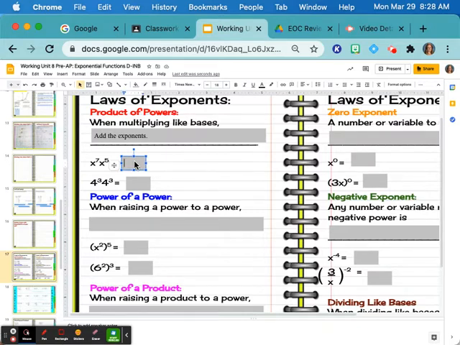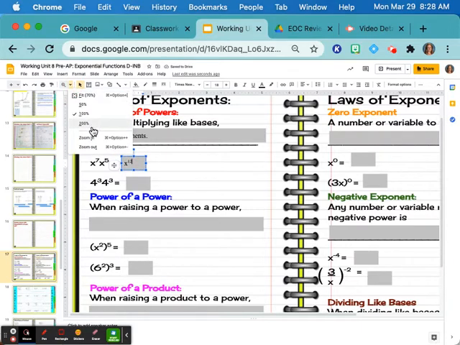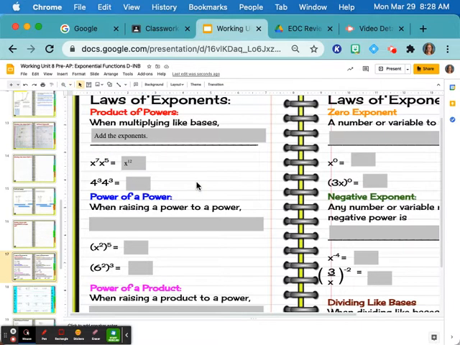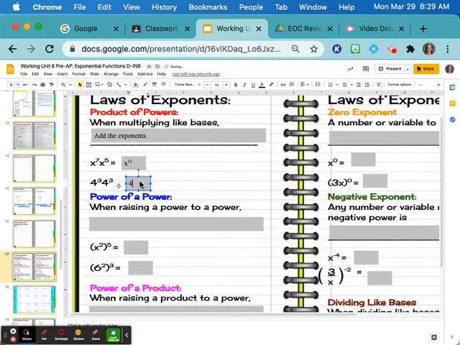Yep, x to the 12. Do y'all remember how to do your exponent? What is it? Option or control greater than? Yeah. Okay, the next one, 4 to the third times 4 to the third. What will that be? 4 to the 6.